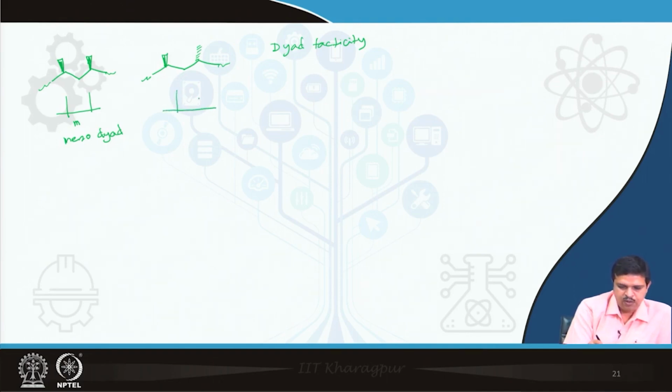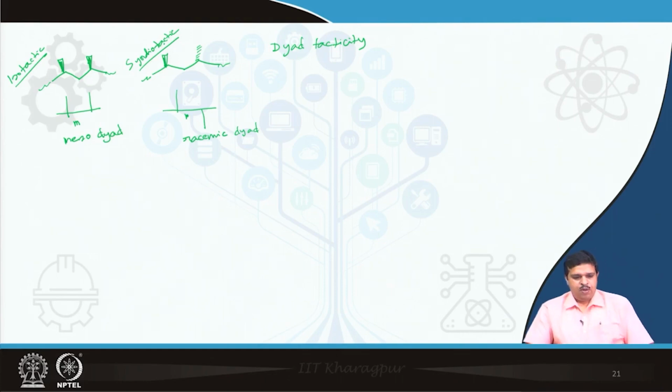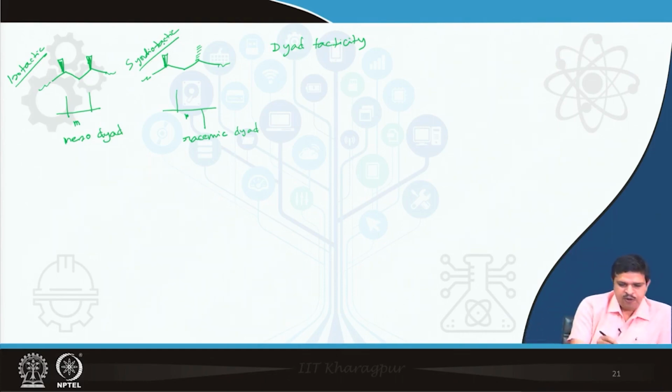If we represent it by a line, it would be like this, and this CH2 is represented as R, and we call this the racemic dyad. Okay. So, this is the fragment of an isotactic PP, and this is a fragment of a syndiotactic PP.